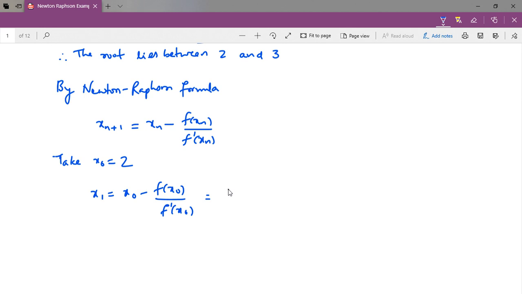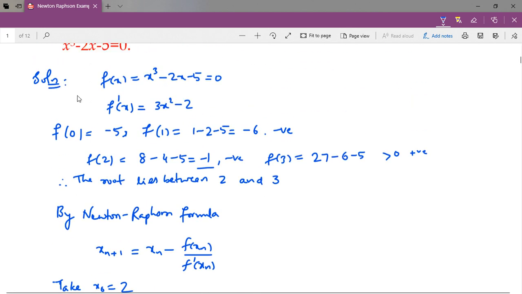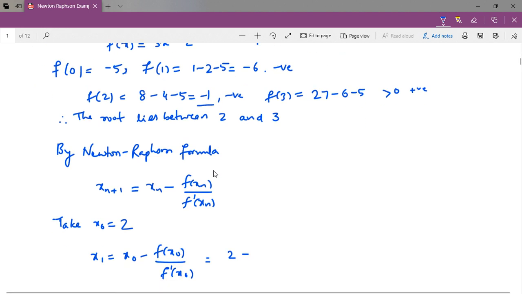That is x naught is 2 minus f of x naught. What is f of x naught? That is f of 2, which we have already obtained, that is minus 1.